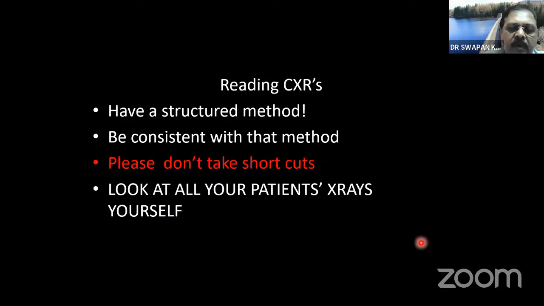You should see from the outside inward: soft tissue, bone, the diaphragm, the trachea, the cardiac silhouette, superior mediastinum, and the hilar shadows, then the costophrenic sulcus, and at last the lung fields. And be consistent with the method. Please don't take any shortcuts and don't look at the reports of the radiographer. You try to look at all the X-rays yourself and interpret, then at last you see the report.